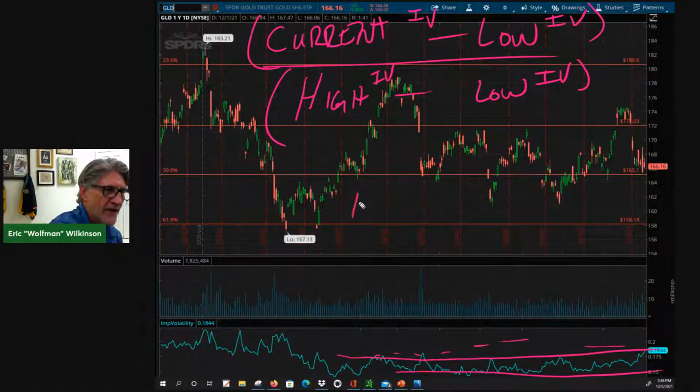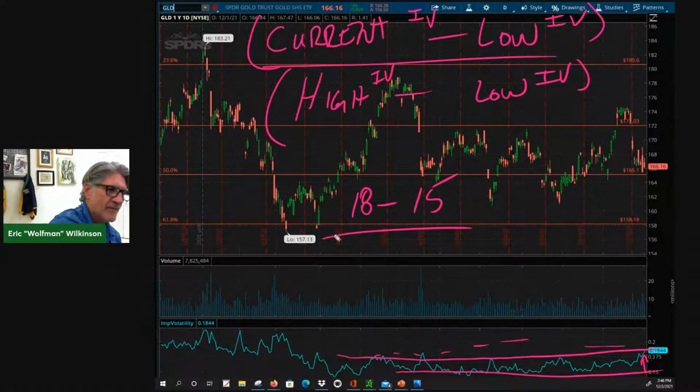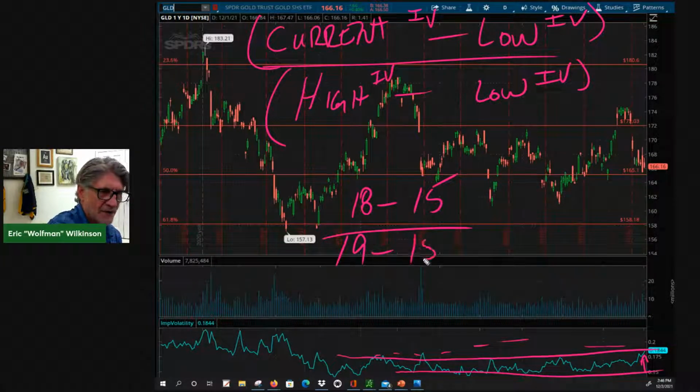So the current, I have 18 minus the low, which is 15. What I'm trying to do is determine how far this is off the bottom to the 18. So I've got the high and the low minus each other: 19 minus the low, which is 15. I'm going to get 3 divided by 4.